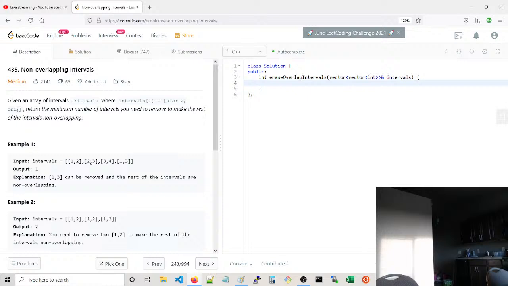So let's imagine 3 nodes that have a ton of overlap with other nodes.